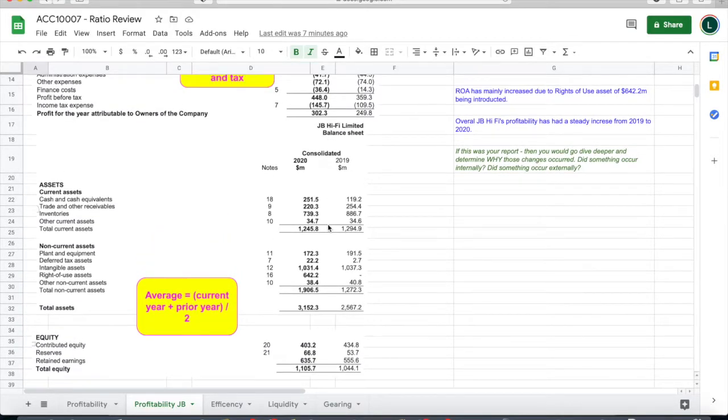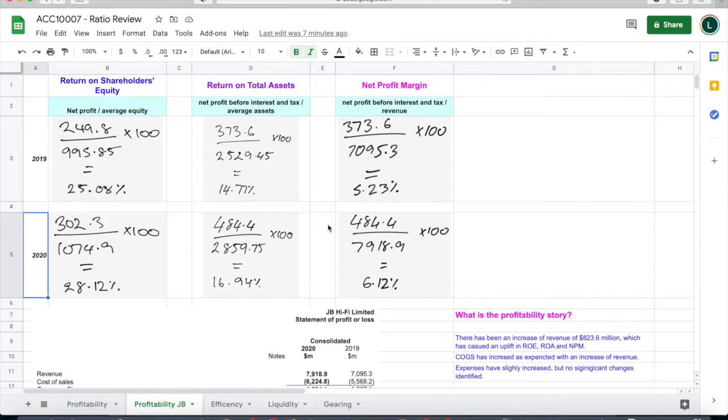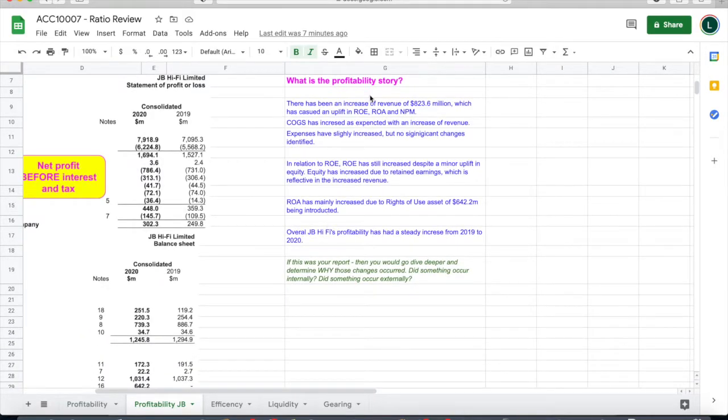So figures by themselves don't mean much, but when we put it to use, we can create our story. So this is the little story that we can create. Let's have a read. So there's been an increase of revenue of 823.6 million, which has caused an uplift in ROE, ROA, and net profit margin. Cost of goods sold has increased as expected with an increase of revenue.